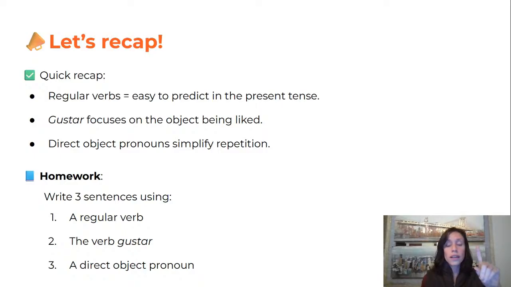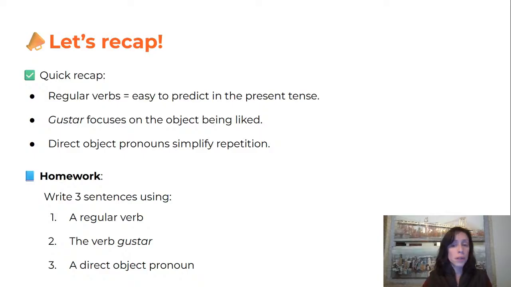If it's one thing, gusta. If it's about two things, gustan. And we simply change the object pronoun, remembering that the direction of the action is backwards.